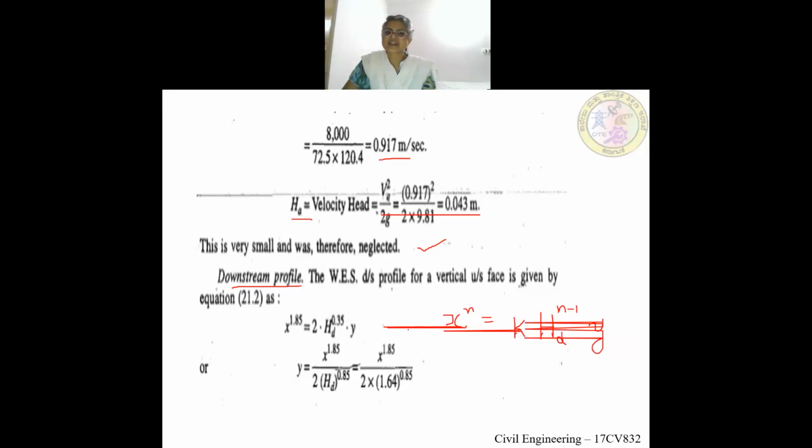This x is the x coordinate, y is the y coordinate of the profile, whereas k and n are the constants which have to be assumed from the table.